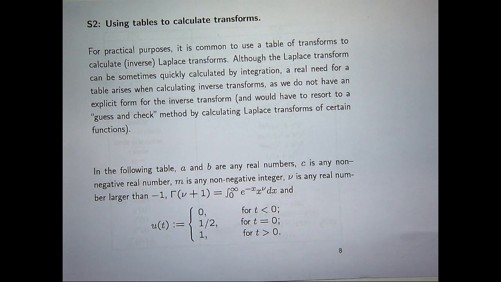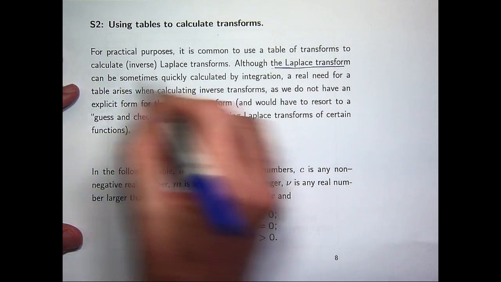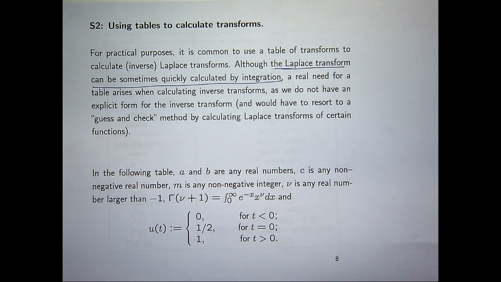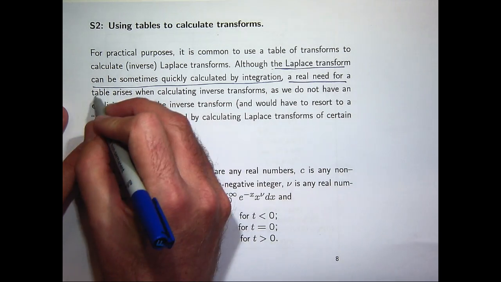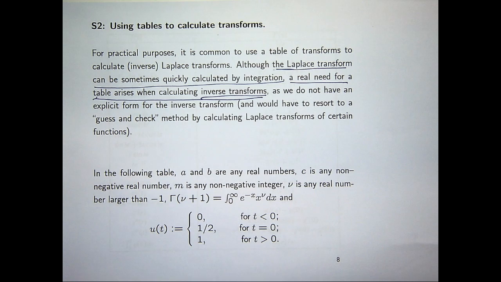Now, we're going to use tables quite a lot to calculate transforms and their inverses. Now, as we've seen, the Laplace transform can sometimes be quickly calculated by integration or other methods, but a real need for a table arises when calculating the inverse transforms, because we don't have an explicit way of calculating inverse transforms from a definition, an explicit representation, if you like.